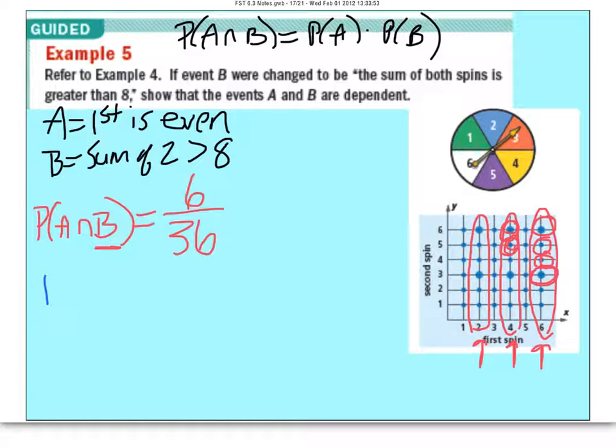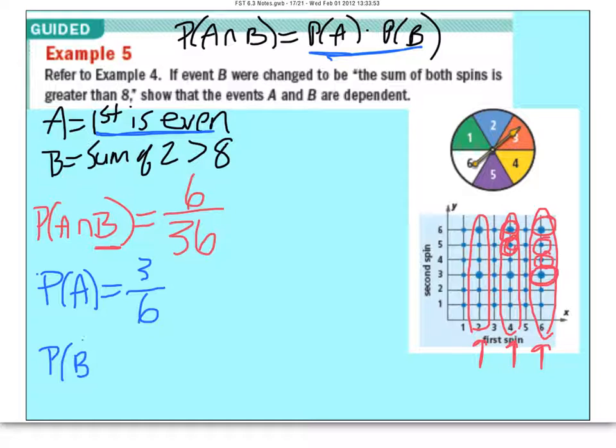So let's break it down to the second part right here. I'm going to find the probability of event A. Event A is the first is even. We know if we just do one spin, the probability that the first is even is 3 out of 6. Probability of event B, the sum of 2 spins is greater than 8.